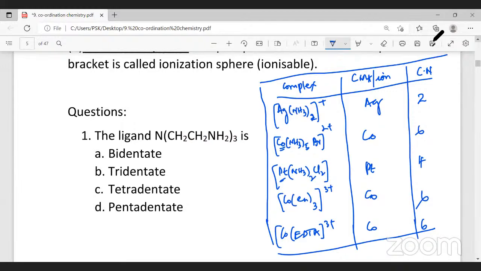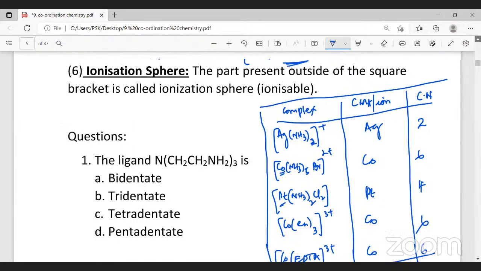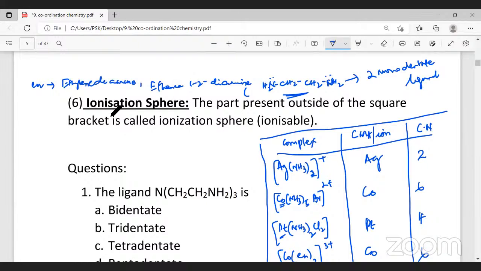Now, the last terminology, what you remember, is called the ionization sphere. This ionization sphere is also called the counter ion.